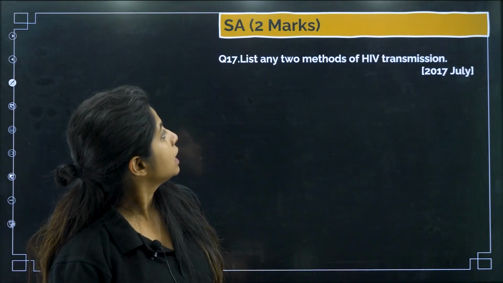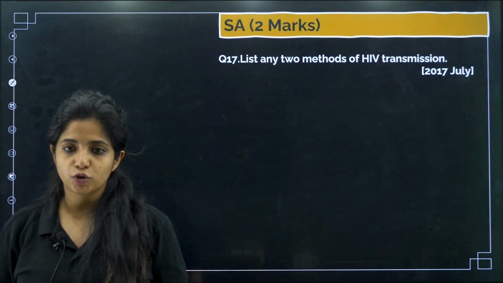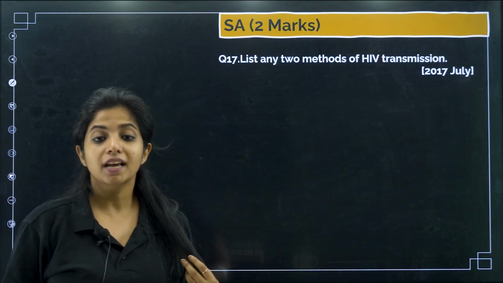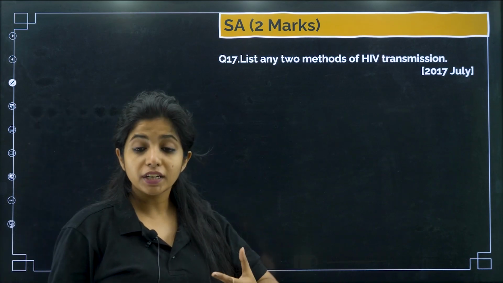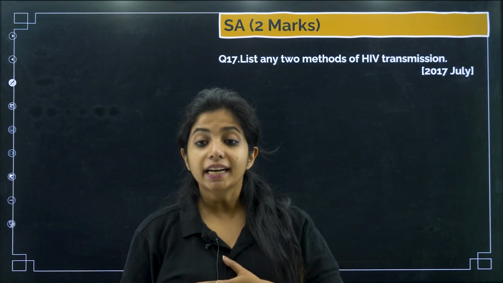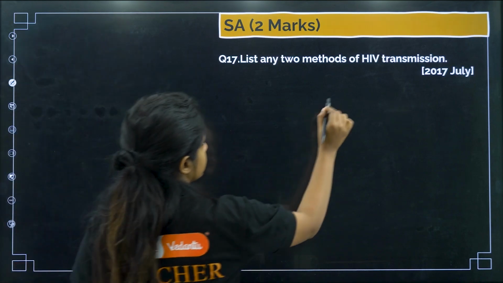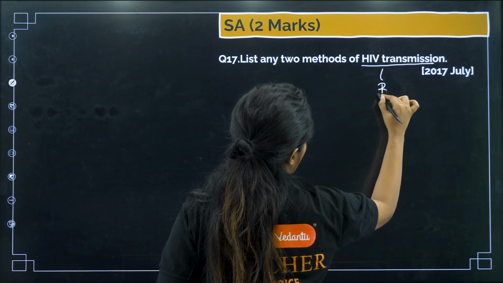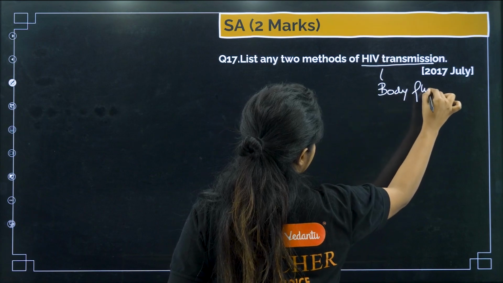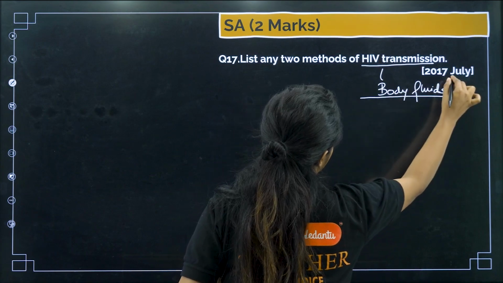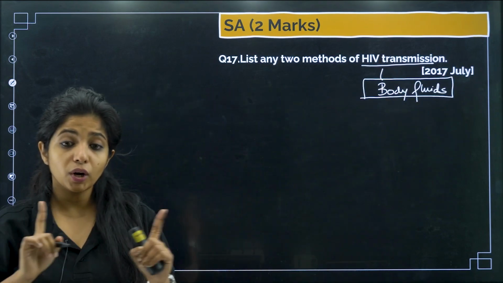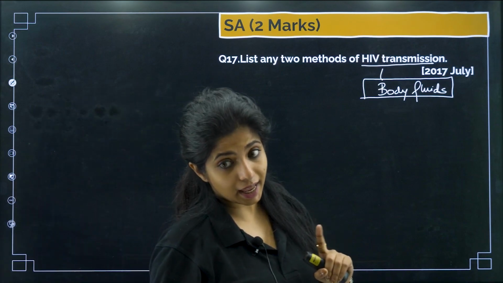Chalo, next thing. List any 2 methods of HIV transmission. So HIV, human immunodeficiency virus, is a virus, and it is transmitted with the help of body fluids. So at what times do you think body fluids can be exchanged?